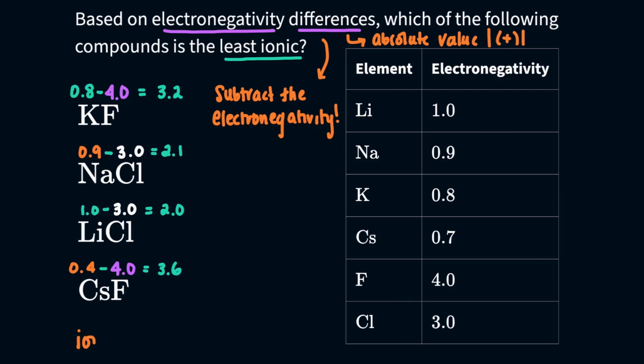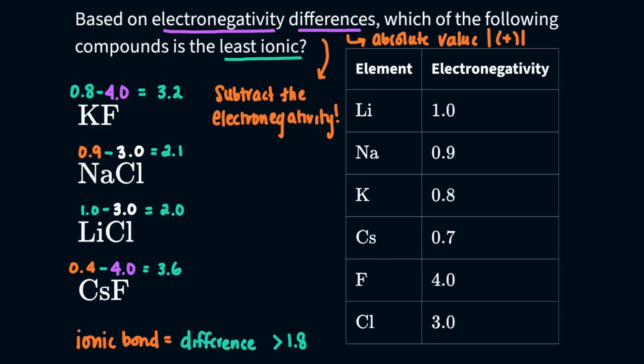Now we want to find out which one is the least ionic. If you are classified as being an ionic bond, your electronegativity difference threshold depends on your teacher or professor. If you're going by a scale, the general rule is that it just has to be greater than 1.8.